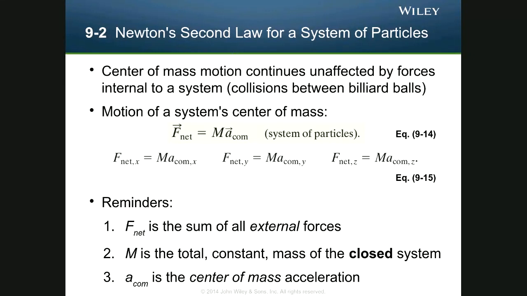We had objects, and forces would act on the object, right? We could have a tension or friction. You know, you could have some sort of force of push. The forces would act on the object. What this first statement really means is you have to look at the system of particles. Let me show you what I mean by that.